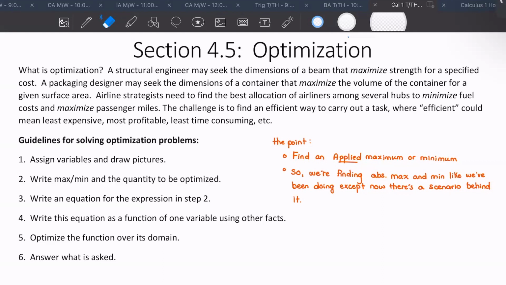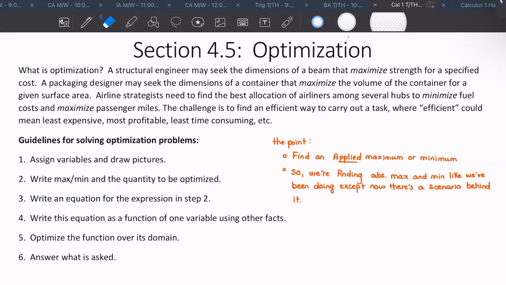It says write this equation as a function of one variable using other facts. What we're going to try to get to is taking the derivative, but we only want to take the derivative with one variable, not two.